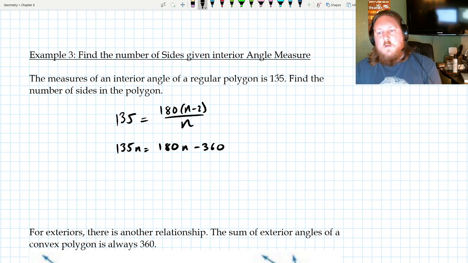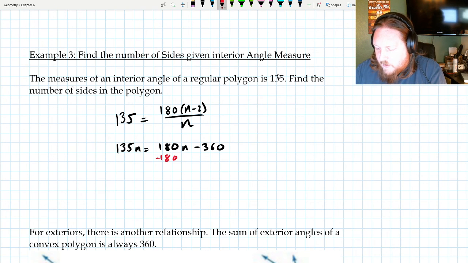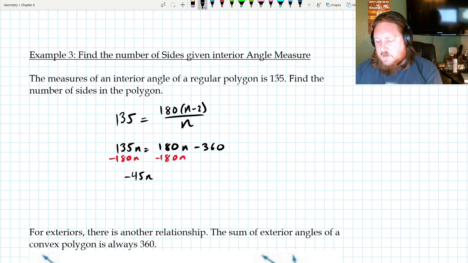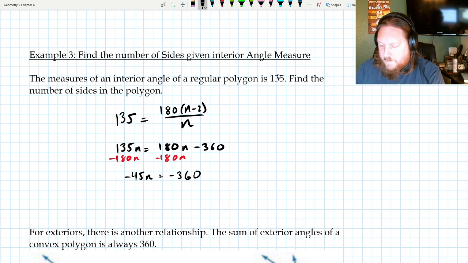Now you might worry for a second because when I'm solving for n, I'm going to subtract 180n from both sides, and I'm going to end up with a negative number of n's. It's going to be minus 45n. Now that's okay because we're going to divide that into negative 360.